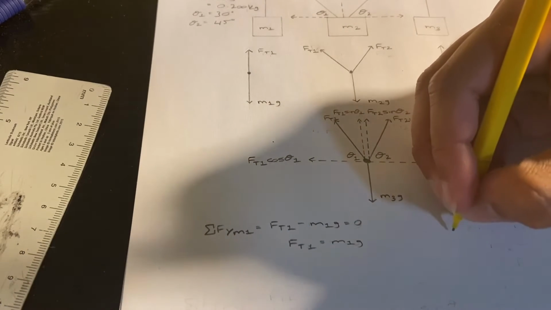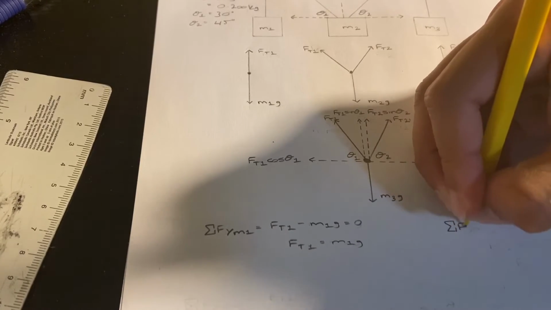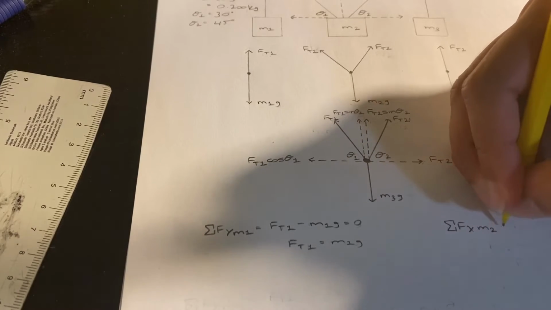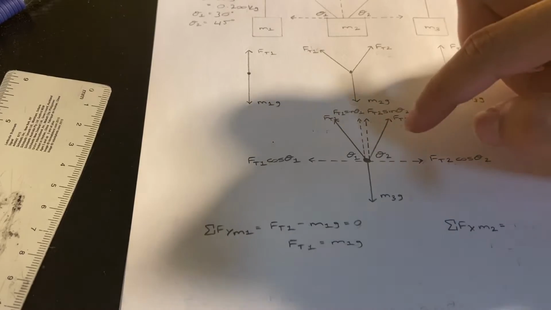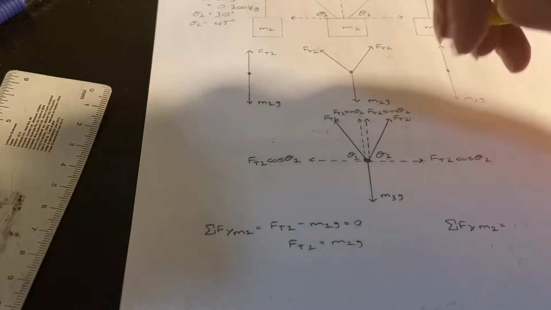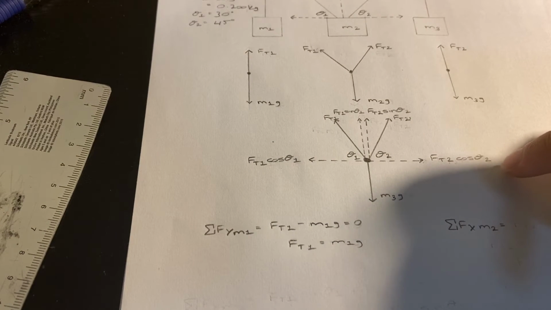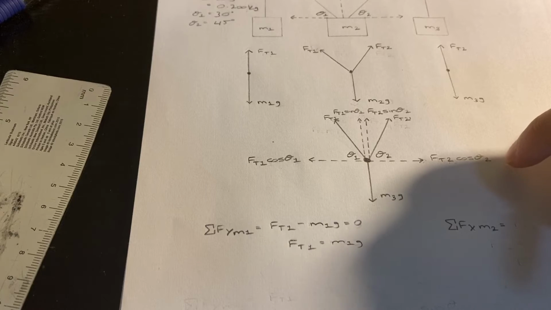The sum of forces in the x direction for mass 2 is equal to our two forces that we see in the x direction: ft1 cosine theta 1 and ft2 cosine theta 2. We'll say that ft2 cosine theta 2 is in our positive direction, and vice versa for ft1 cosine theta 1.